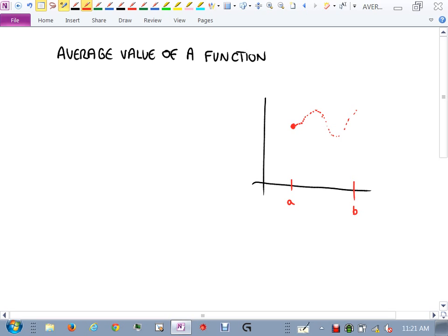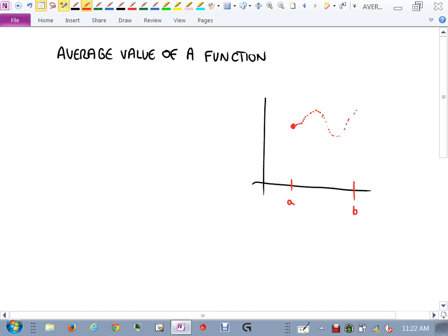So if I wanted to take all those values and add them up, what is that? If I add up this height plus every height in there, all of them, what is that? That's the area, right? So I add them all up and I divide by how many there were. That's a little subtlety here. How much is there between here and here?